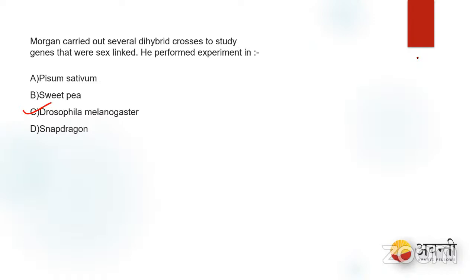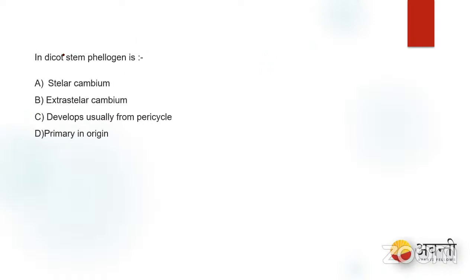In a Mendelian dihybrid cross, we have our phenotypic ratio as 9:3:3:1, isn't it? But when Morgan conducted a dihybrid cross, it does not come 9:3:3:1, but the ratios keep changing whenever he chose two different characteristics. That later led to the discovery of linkage and recombination. So his experimental organism is Drosophila melanogaster. Understood?